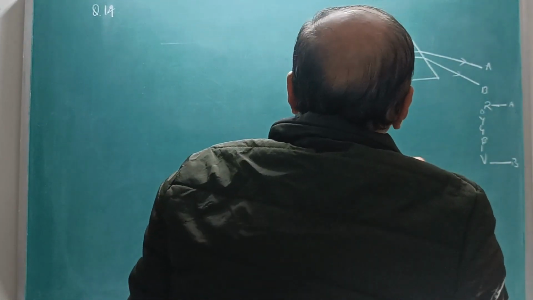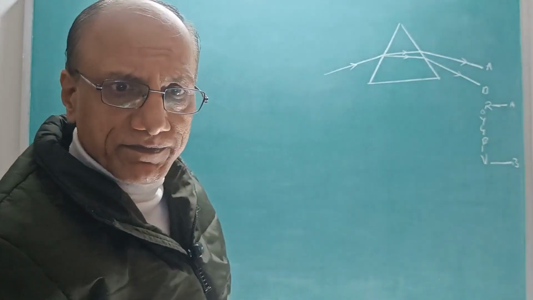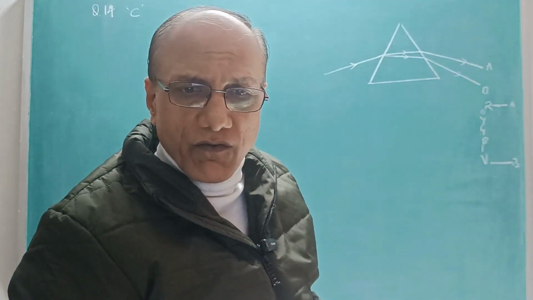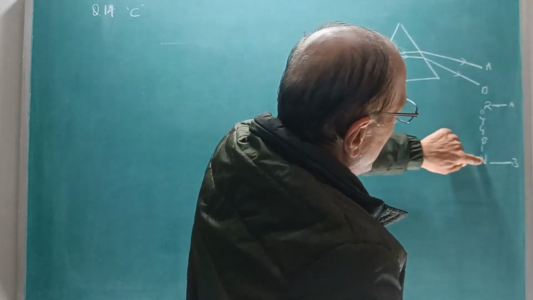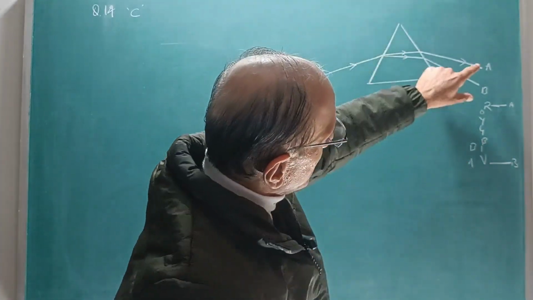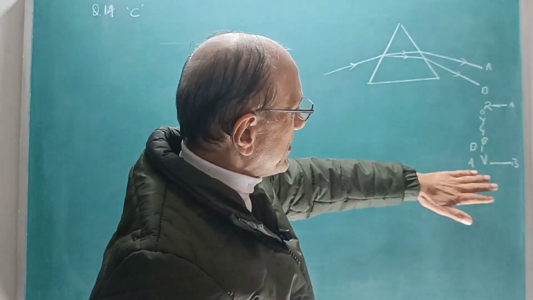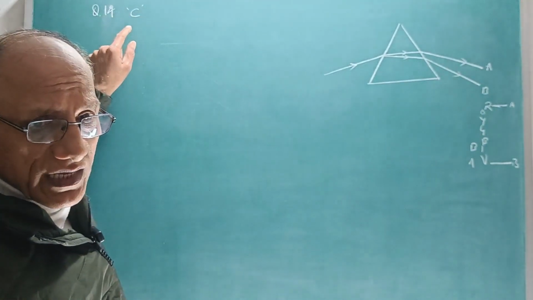So that is correct, option C is the correct option. Let us check D also. Violet and indigo: A is violet and B is indigo. This is wrong, it would be reversed. So the correct option is C.